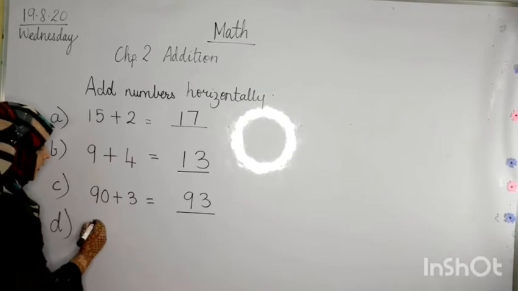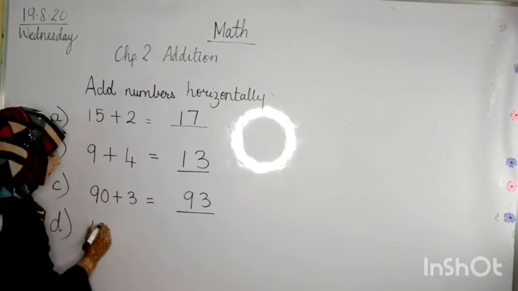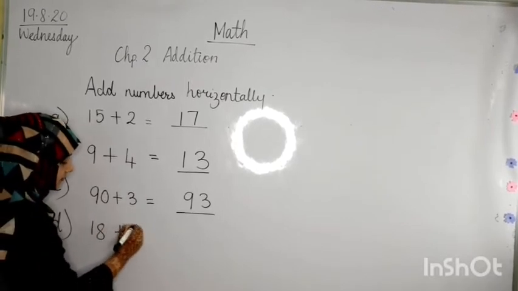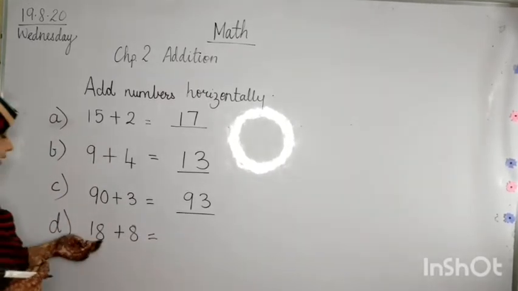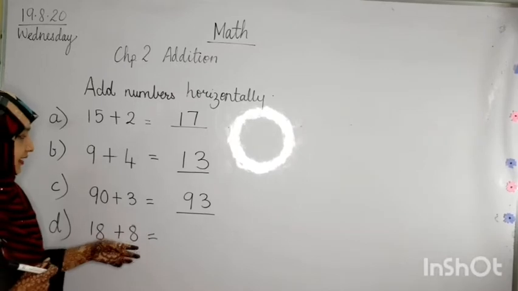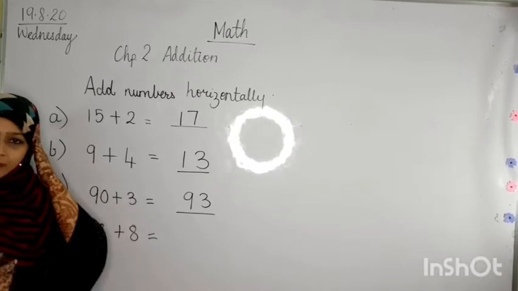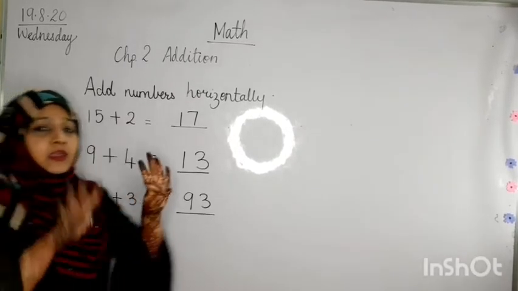The number is 18 plus 8. So, 18 is the bigger number and 8 is the smaller number. So, 18 in my mind and 8 on my fingers.